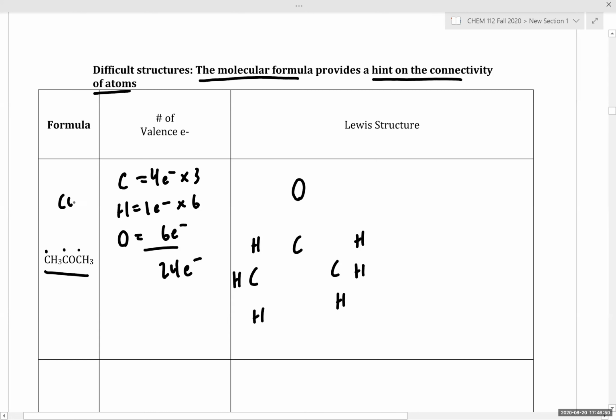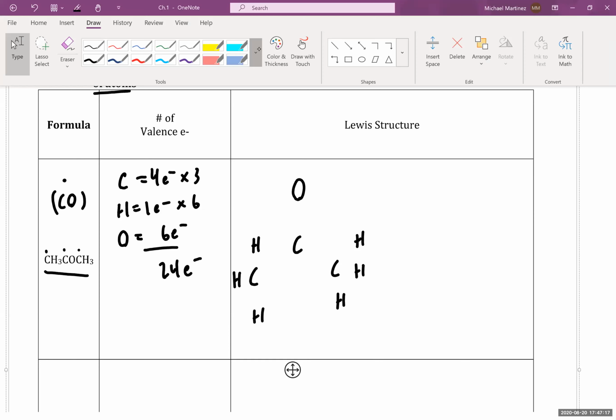This CO functionality is actually an indicator of what is known as a functional group, which we'll talk about later on in this chapter. The key takeaway from this problem that I'd like you to note is the formulas in organic chemistry provide you a hint in terms of how your atoms are connected to each other, which in turn simplifies the amount of guesswork that you have to do for a Lewis structure.